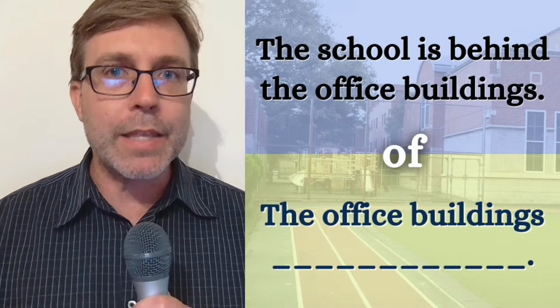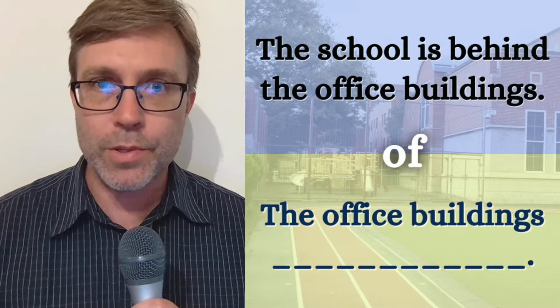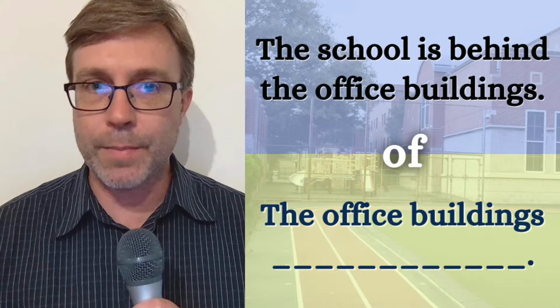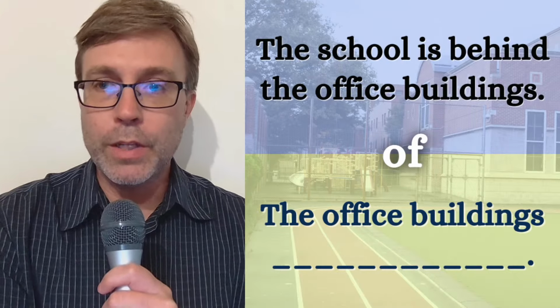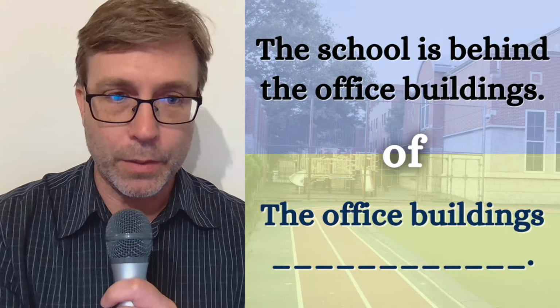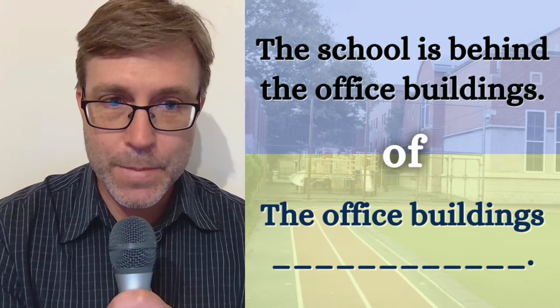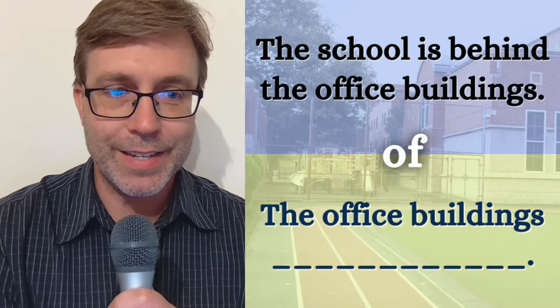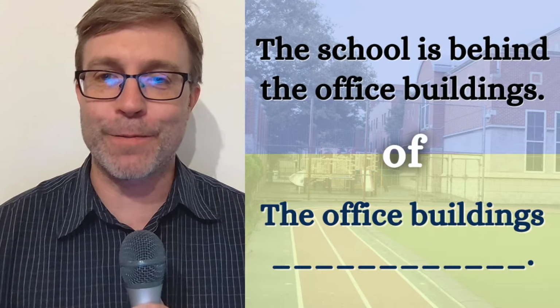So really think about the grammar, think about the verb tense that you're using. Also, we're going to get into some of the vocabulary a little bit later. The school is behind the office buildings. The office buildings, what do you think? All right, some excellent answers, perfect.